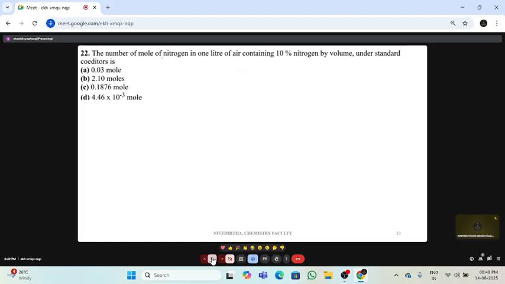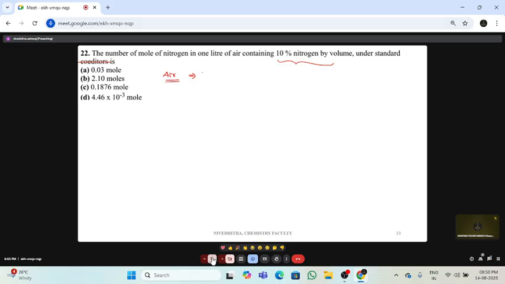The number of moles of nitrogen in 1 liter of air which contains 10 percentage nitrogen by volume under standard condition is dash. Actually, in air, we have 10 percentage of nitrogen by volume, and they are talking about 1 liter of air.